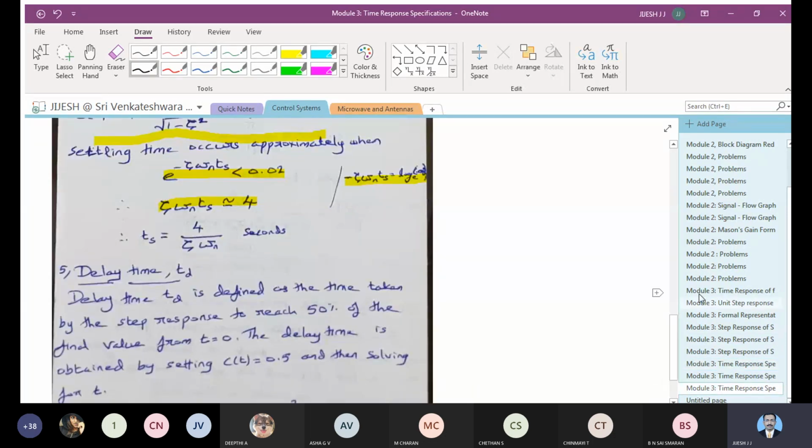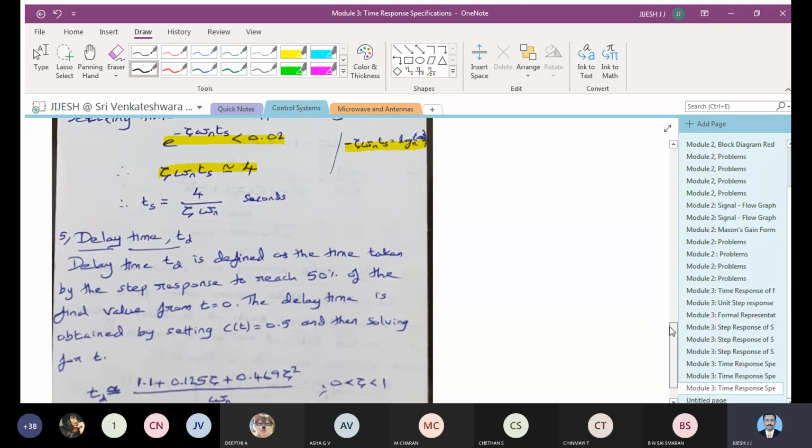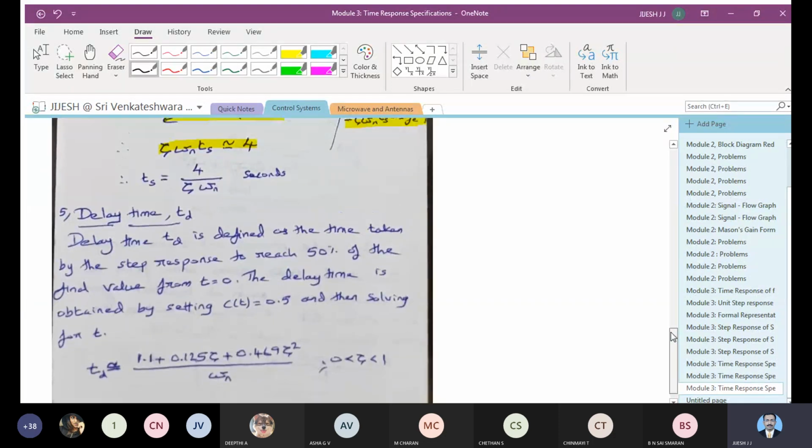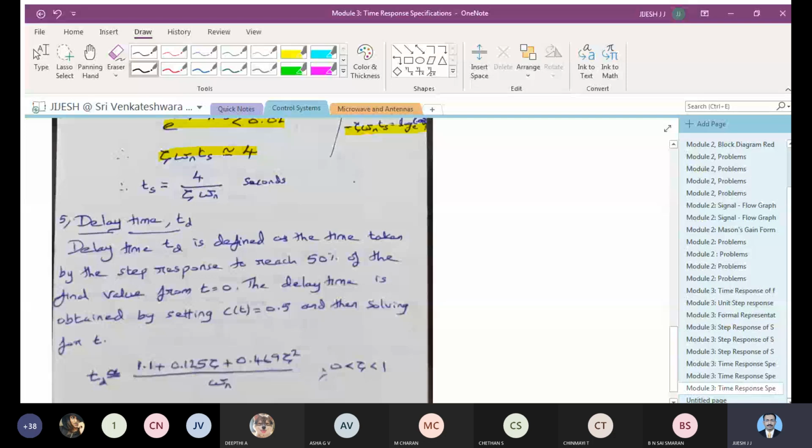You can write down: the delay time TD is defined as the time taken for the step response to reach 50% of the final value from t equal to 0. The delay time is obtained by setting C of t equal to 0.5 and solving for t. There is not much to be done here; we are directly writing the equation for TD, not deriving it.